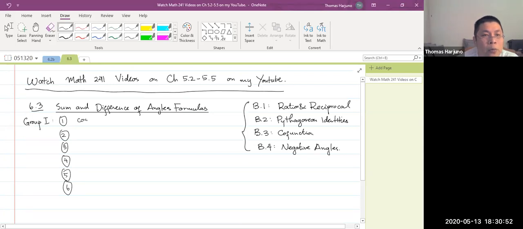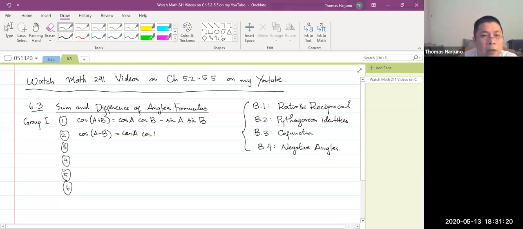I will prove the first one later on: cosine A plus B equals cosine A cosine B minus sine A sine B. I will prove only that one. The rest I need you to memorize, but I will not prove them.